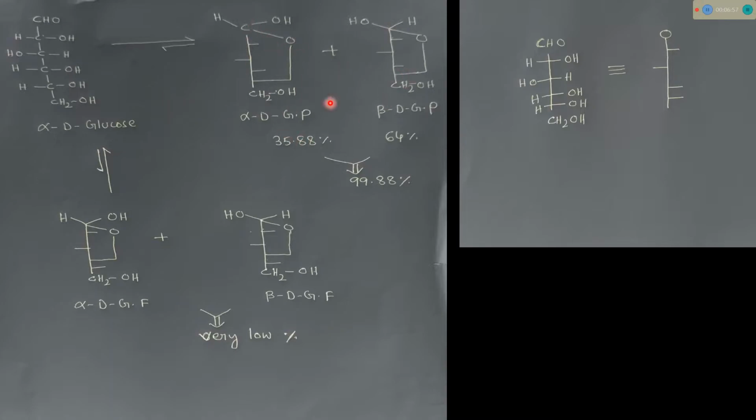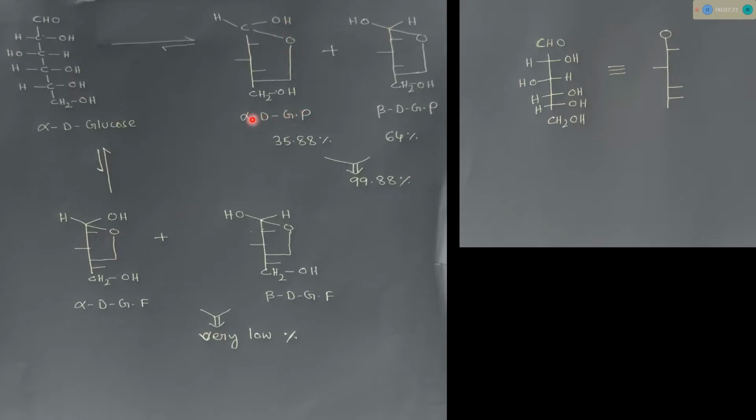This is the 6-member cyclic form, these are 5-member cyclic forms. So D-glucose exists more than 99.8% in this glucopyranose form. The 6-member cyclic ring is called glucopyranose.